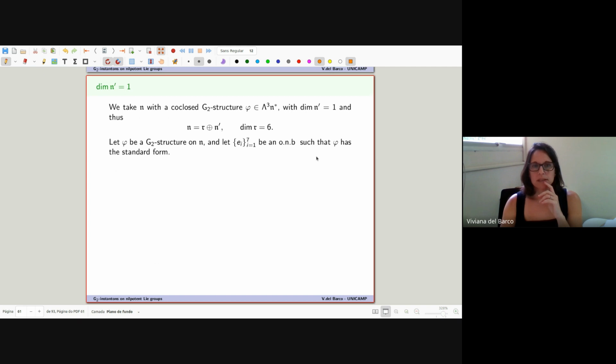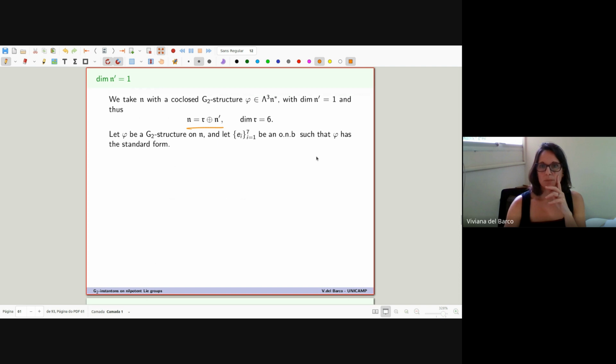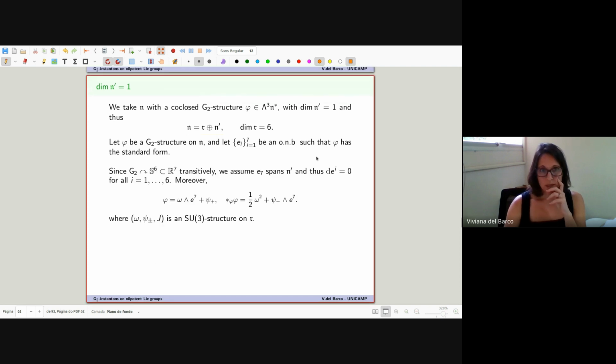We consider a coclosed G2 structure on a Lie algebra. N prime has dimension 1, so you can split your Lie algebra as I said before. Then for the G2 structure there is an orthogonal basis such that phi is in the standard form. But since G2 acts transitively on the sphere, we can assume that e7, the last vector of the basis, spans n prime, because we take an element of n prime and use this transitivity.